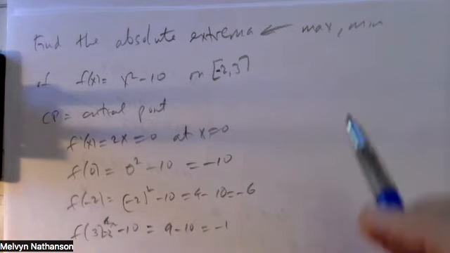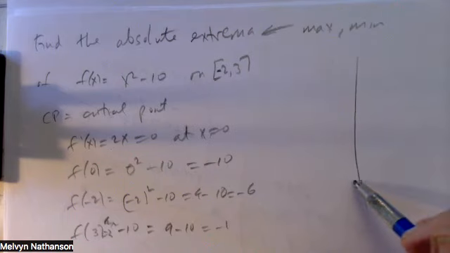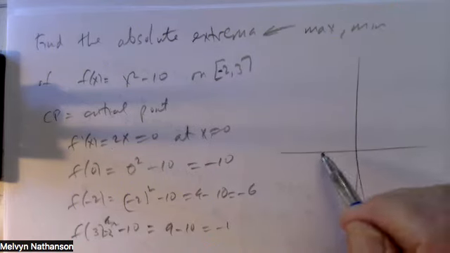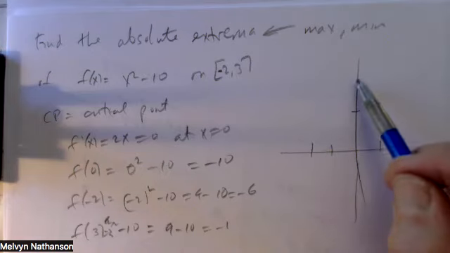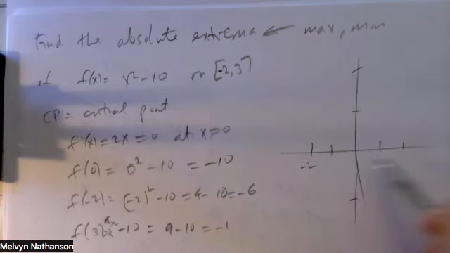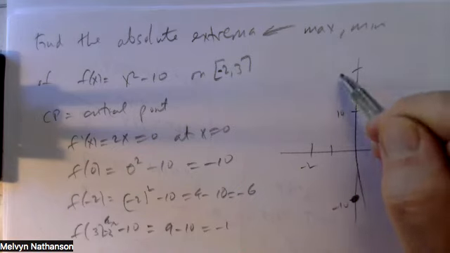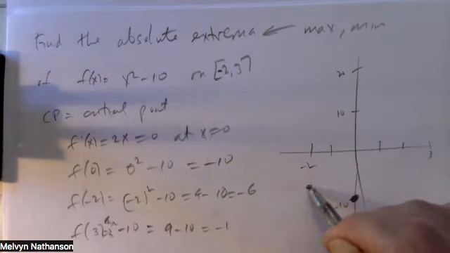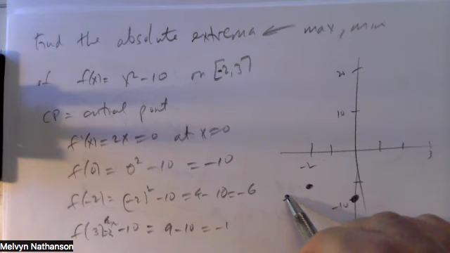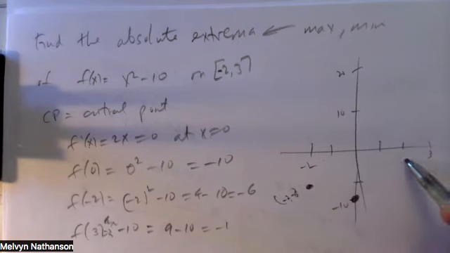So if we're looking at this function on the interval from minus 2 to 3, when x is 0, it has the value minus 10. When x is minus 2, it has the value minus 6. When x is 3, it has the value minus 1.